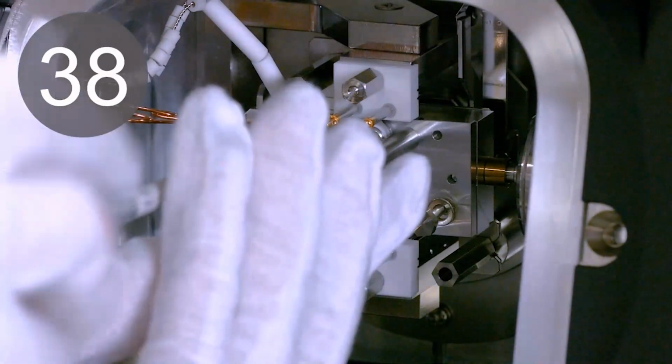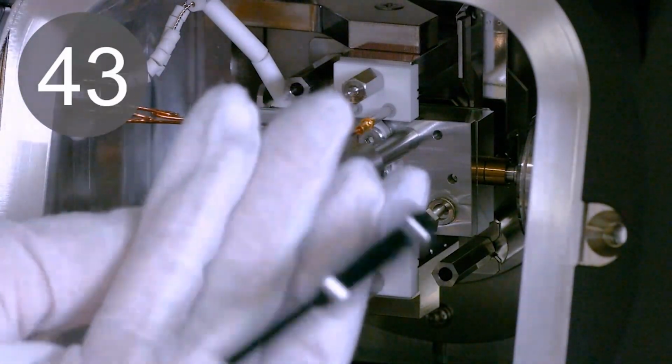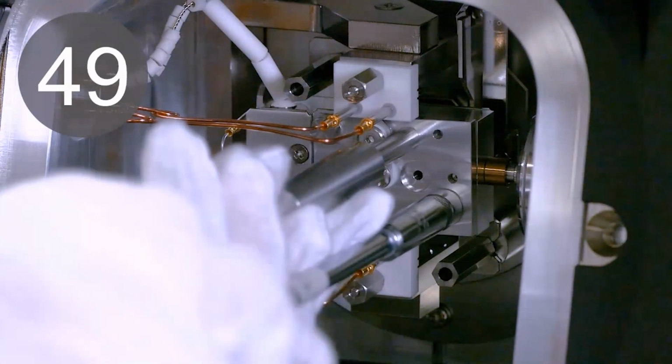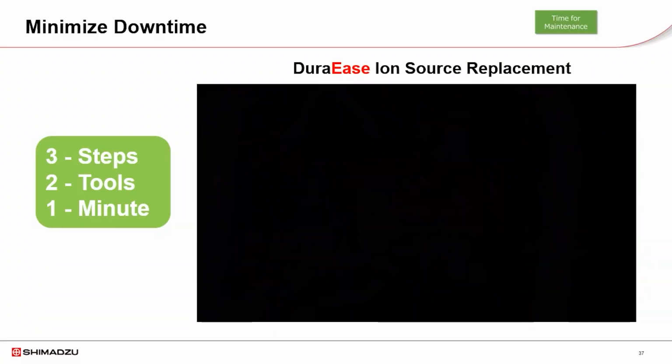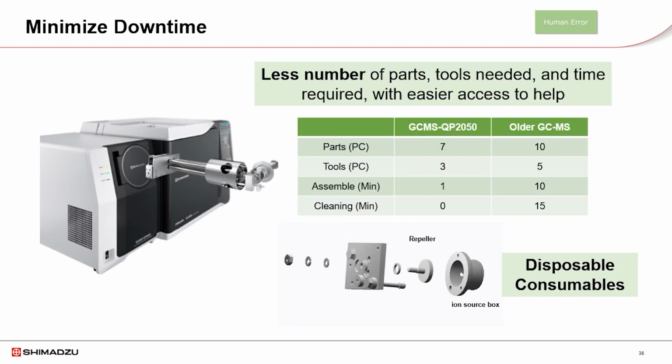In addition to that, the ion source structure is becoming very simple. It means the number of parts in the ion source assembly is getting smaller, the number of tools is getting smaller, and the assembly and reassembly time is reduced from 10 minutes to 1 minute. Thanks to the effort in manufacturing and the simplified design, we can manufacture the ion box and also repair it at a much cheaper cost than before.